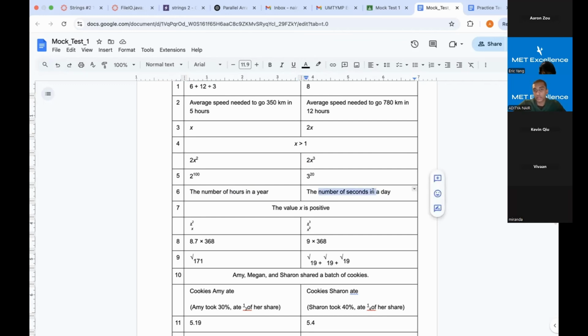Over here, a minute has 60 seconds, there are 60 minutes in an hour, and then 24 hours in a day. So you have 60 times 60 times 24, which is 3,600 times 24. No matter what, since 3,600 is bigger than 365, this is always going to be bigger. So it's B.